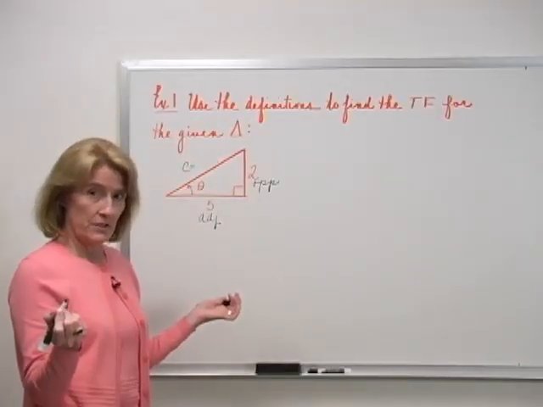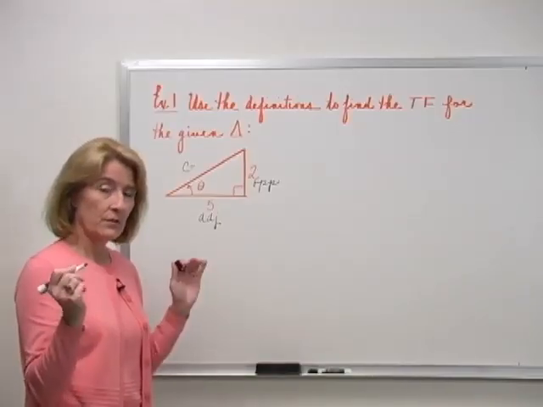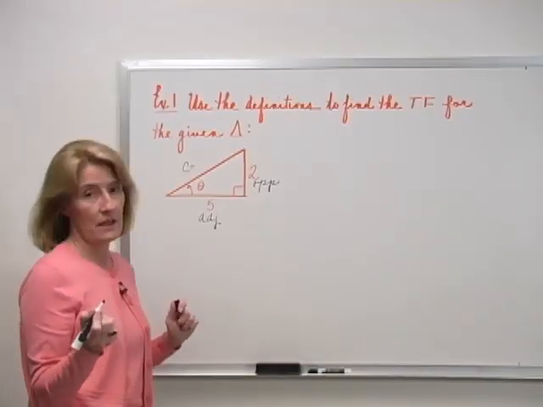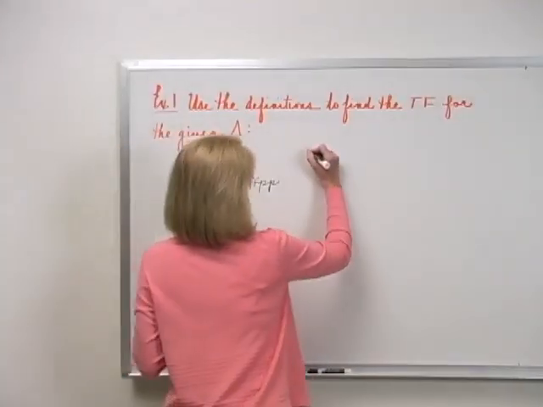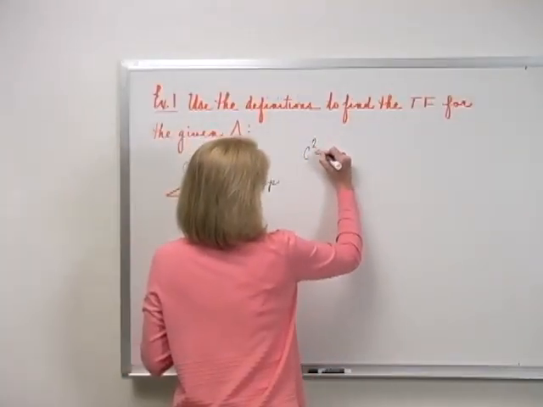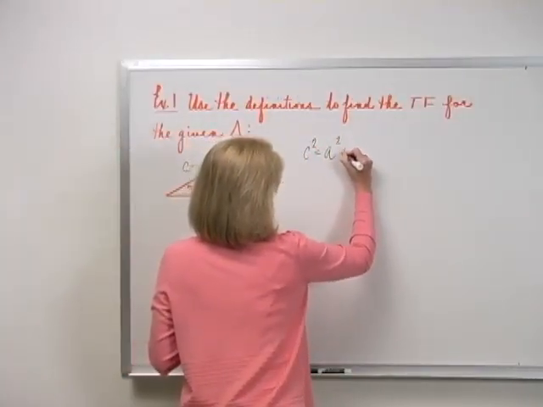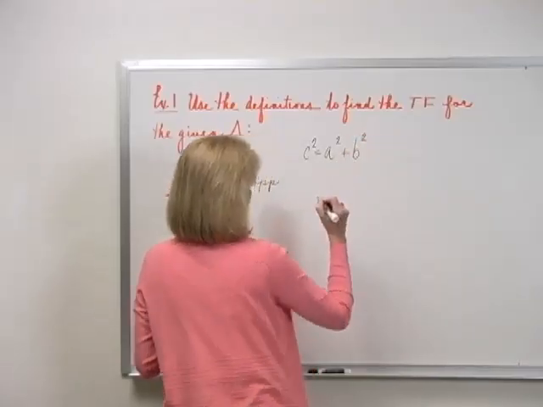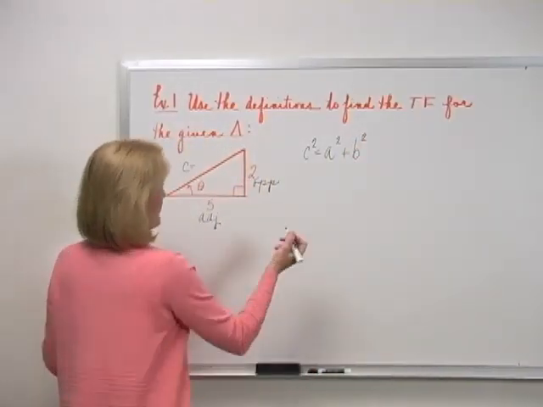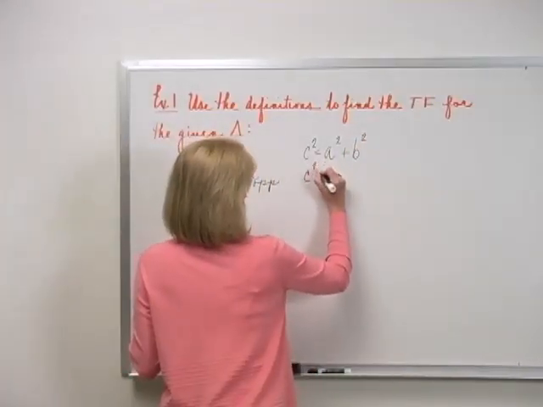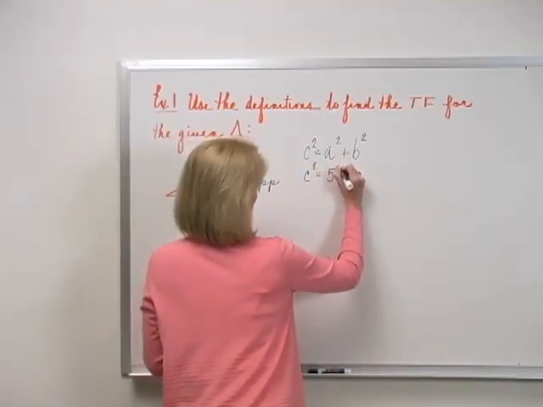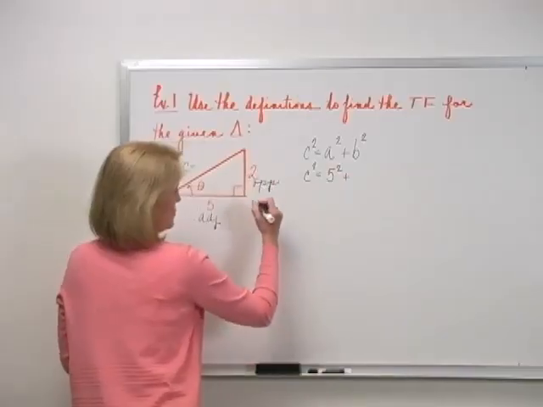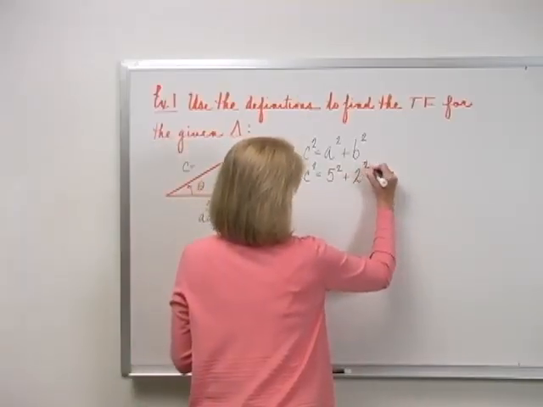All right, now what's the relationship? Think about it. What's the Pythagorean theorem say about the relationship of the 3 sides? Right. It is C squared equals A squared plus B squared. We're looking for side C, so we're going to write C squared is, A is 5, so that's 5 squared, and B is 2, so that's 2 squared.